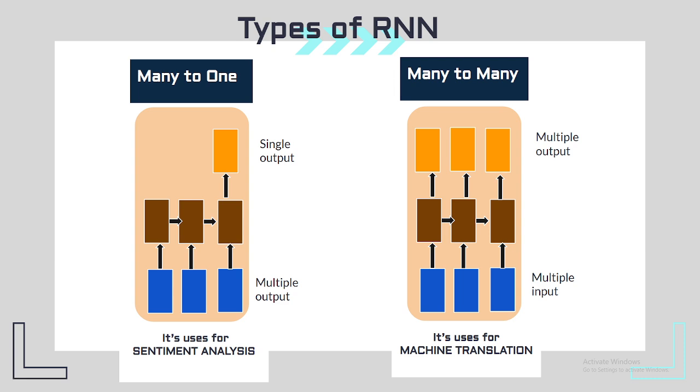In many-to-one RNN type, there are multiple inputs and a single output. It's used for sentiment analysis. In many-to-many types, there are multiple inputs and multiple outputs. It's used for machine translation.